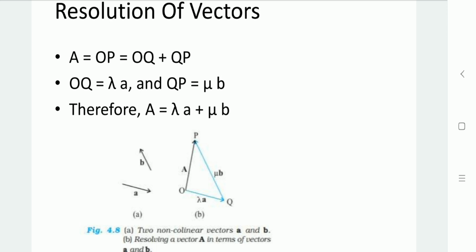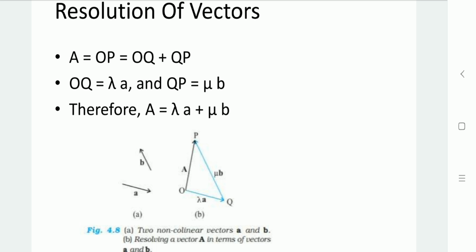Now, as we focus on diagram B, OQ represents vector A multiplied by lambda. The direction of vector A from diagram A remains the same in diagram B along OQ, just the magnitude is increased. In the same way, QP represents vector B multiplied by mu.